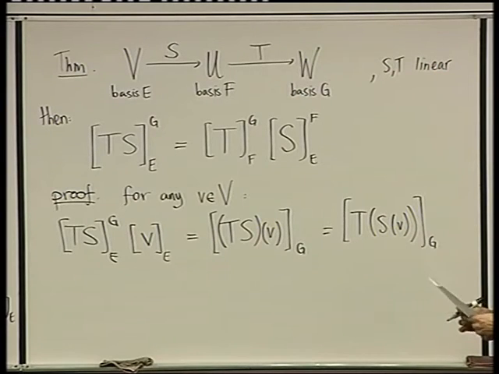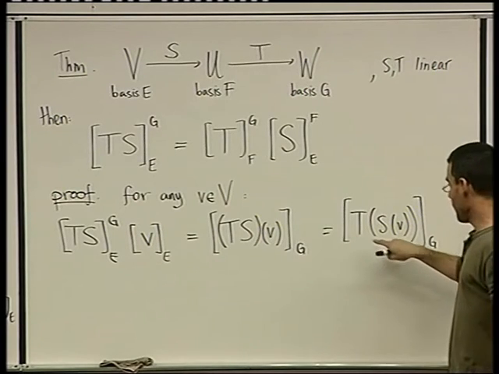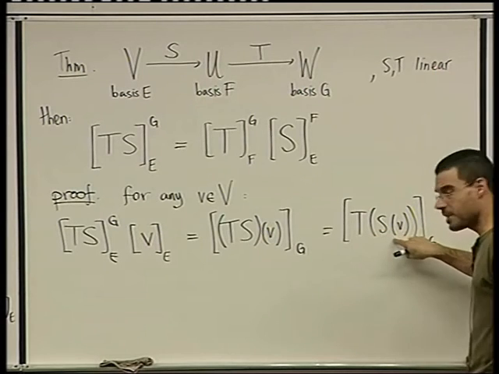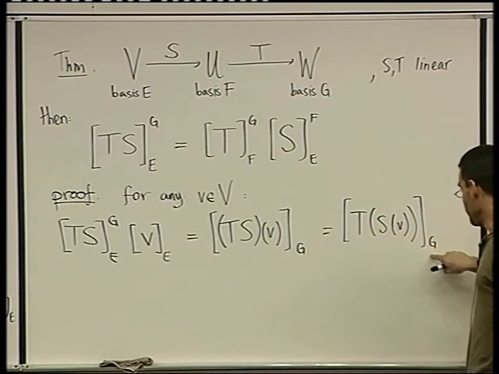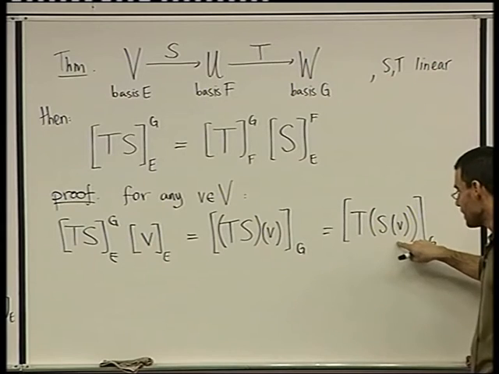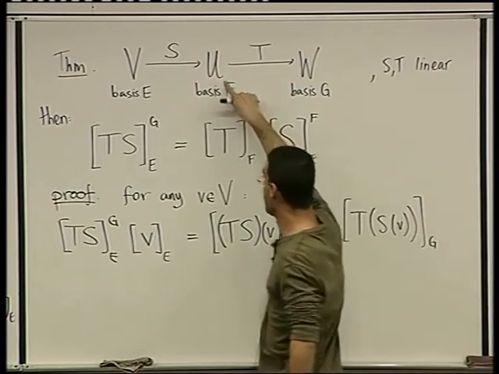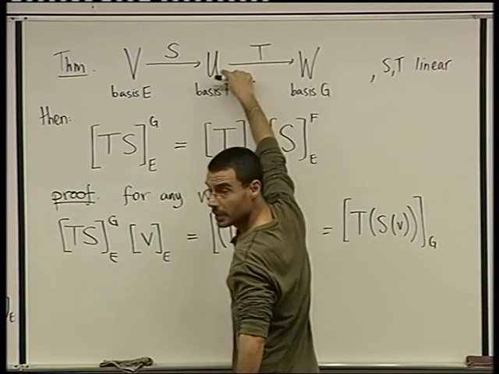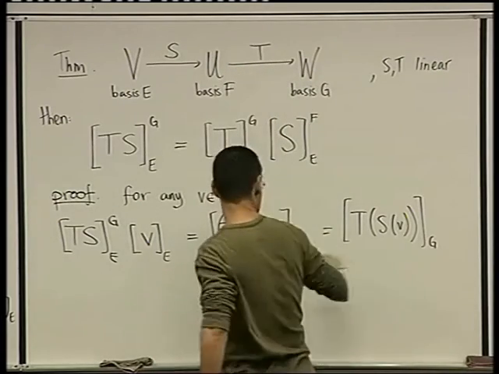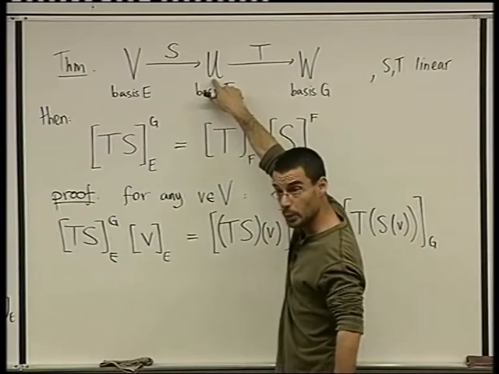Good? Okay. Now, this is T of something in the basis G. T of something in the basis G, I can translate to the matrix corresponding to T with respect to the basis F. S of V is a guy in U, right?